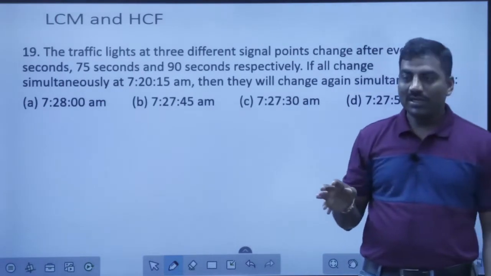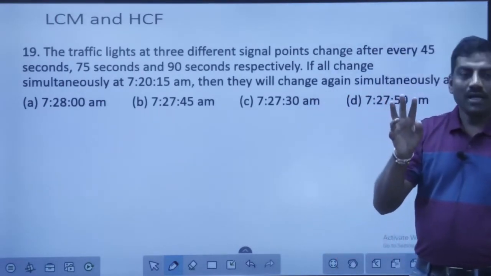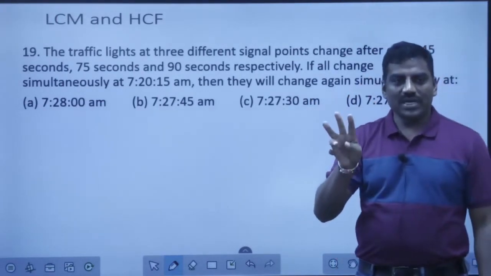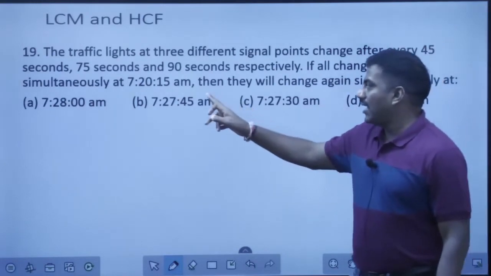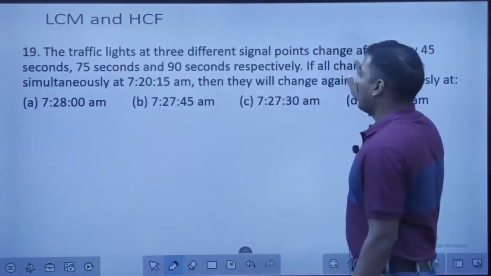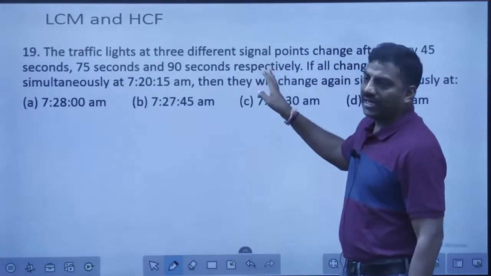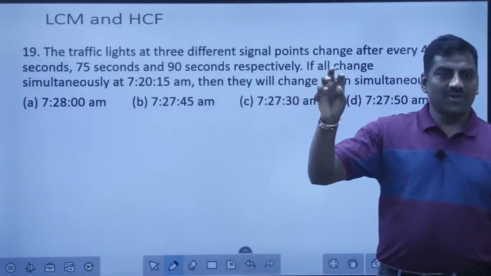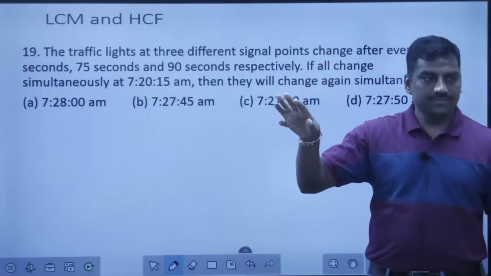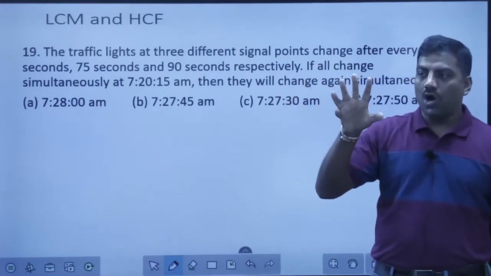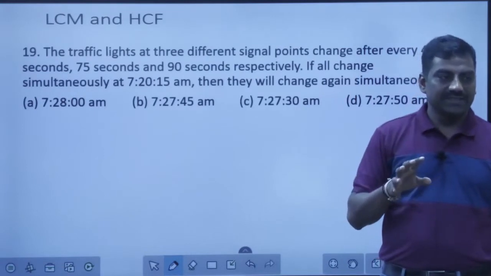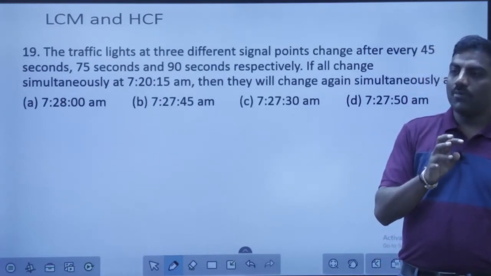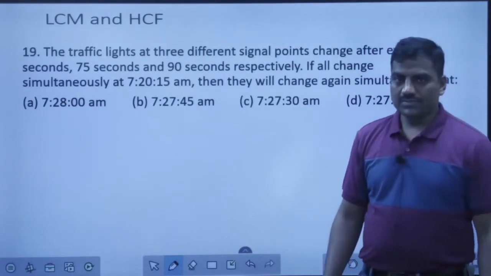Don't ask me that one. So here basically 3 lights are there. They are becoming on after 45, 75 and 90 seconds respectively. First bulb will become on after every 45 seconds. Second bulb after every 75 seconds. Third bulb after every 90 seconds.